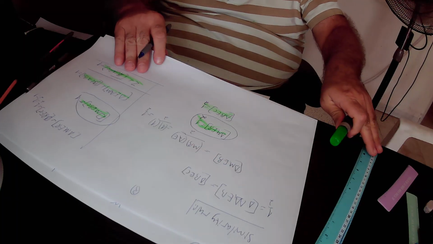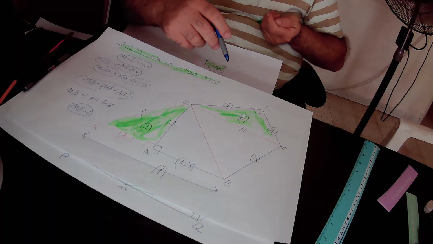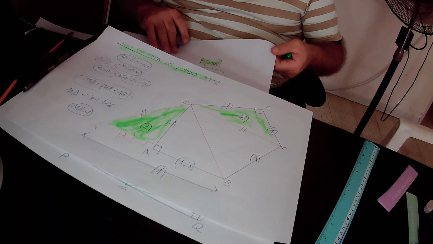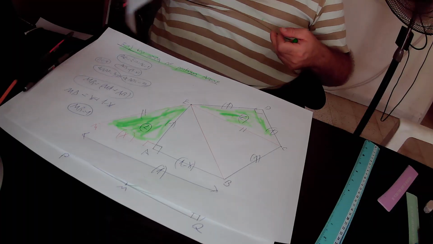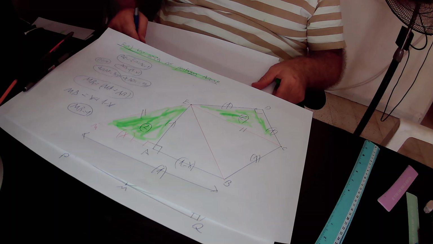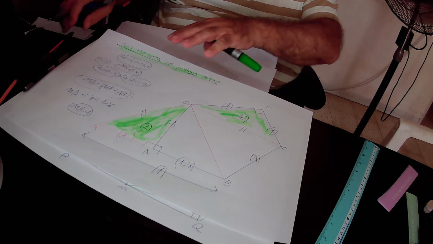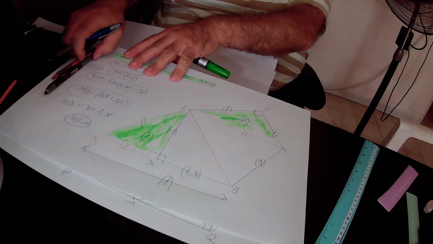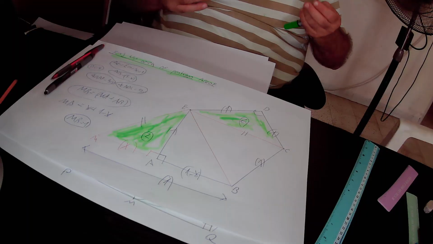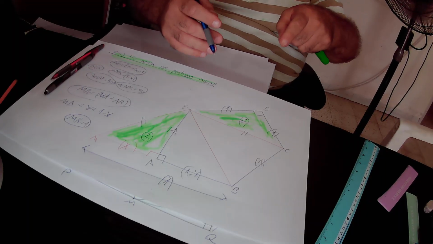Our task is to find out the area of this pentagon ABCDE. So what is the area of pentagon ABCDE? The area of the big pentagon ABCDE will be equal to the sum of the areas of the two shapes that it consists of.